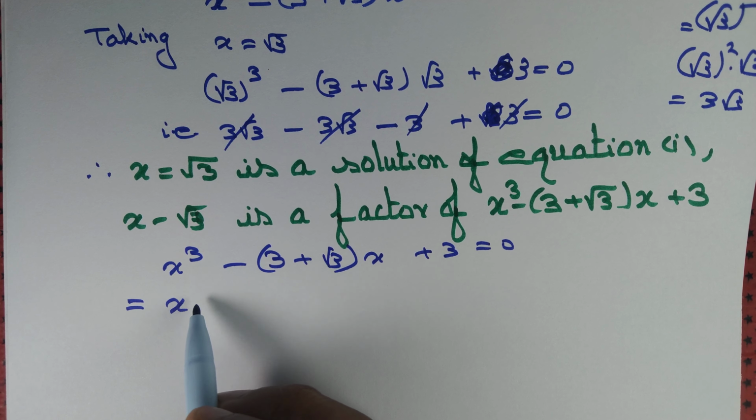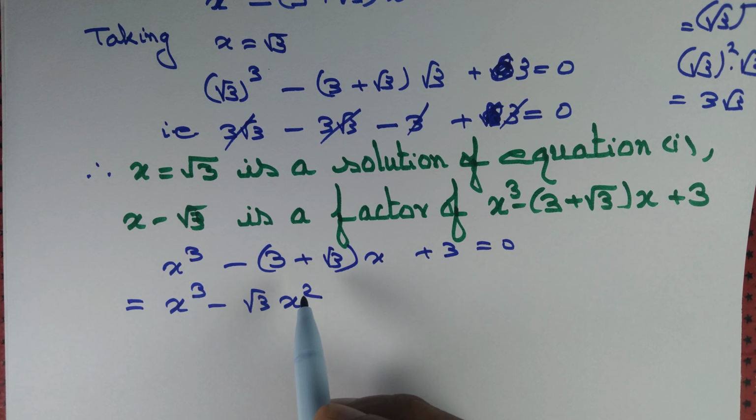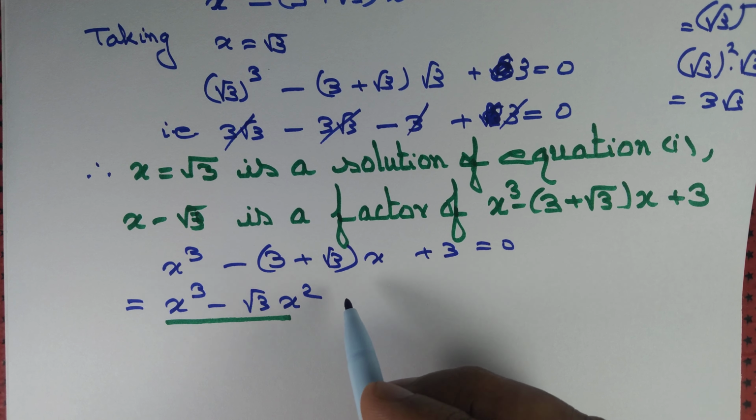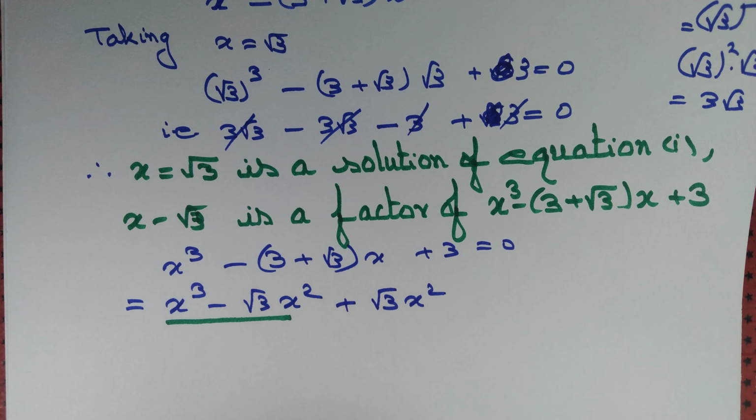This is equal to x cube minus root 3 into x square. Once I write minus root 3 into x square, you see that x minus root 3 is a factor of this polynomial. But we want the equality maintained, so I'll add plus root 3 x square. So I'm maintaining the equality.